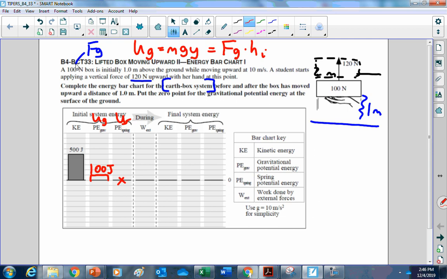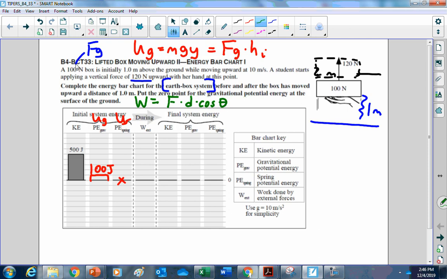And then let's calculate the work done by this force. This is an external, constant force, so I get to just do force times displacement times cosine theta.